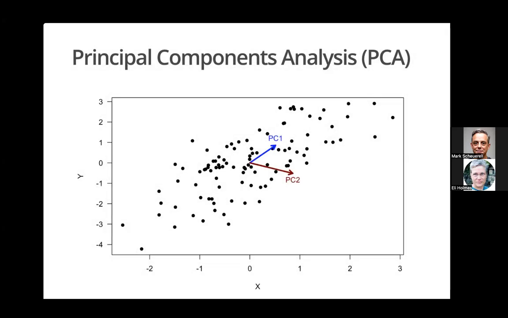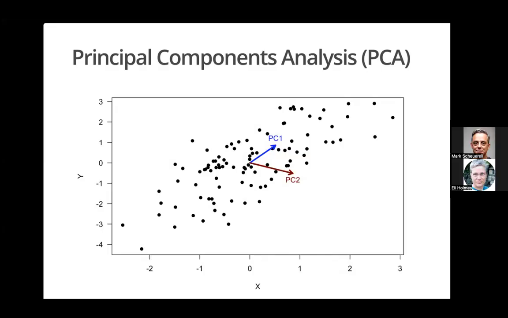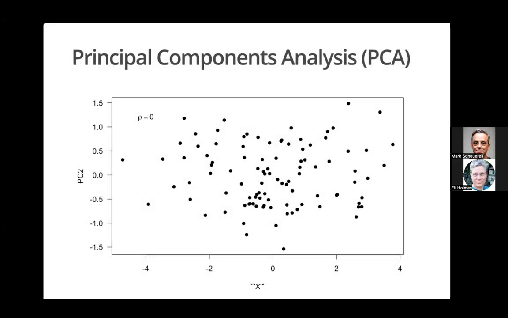If we do that, I can fit two principal components here, 1 and 2. And if I then replot the data so that here's principal component 1 and here's principal component 2, you can see basically what's happened is I've taken this basis and essentially rotated it around this axis right here. Okay, that's all that's happened.